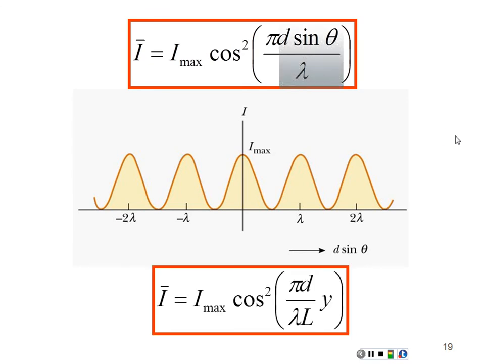Or we just equivalently could substitute in for the sine theta as y over L, and we could say that our intensity is equal to I max cosine squared pi d over lambda L times y. Same kind of distribution function.